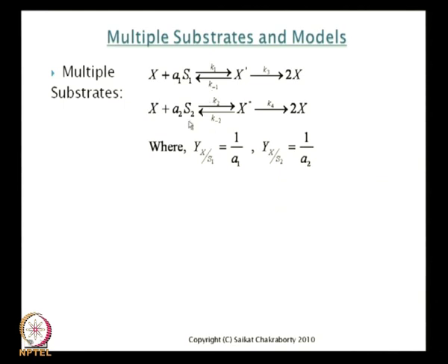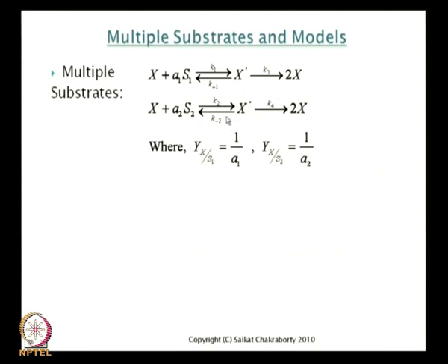And then you have another substrate that is there parallelly in the system. So you might have given 2 substrates to the system. That gives again the daughter cells 2X, but through a different route, X double prime, and the reaction rate constants are K2, K minus 2 and K4.